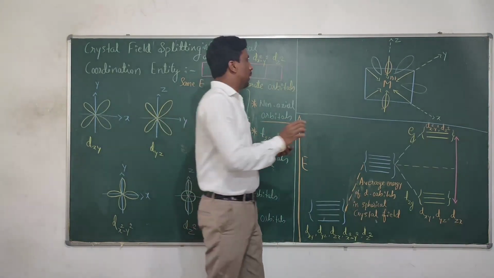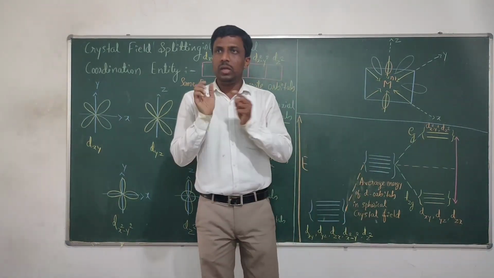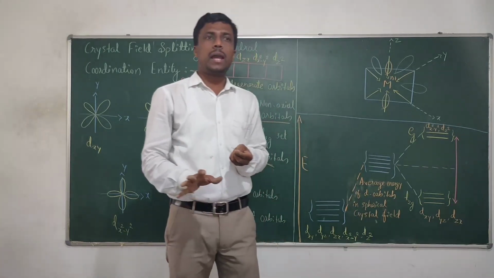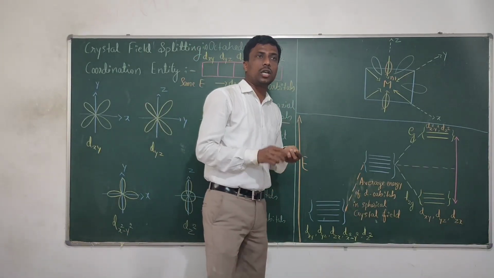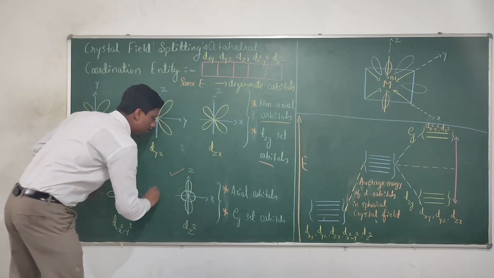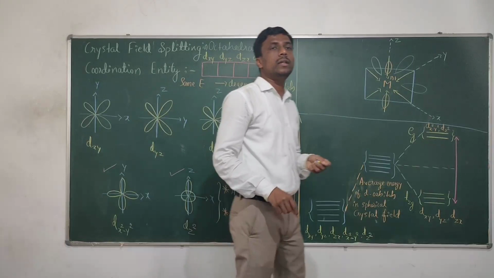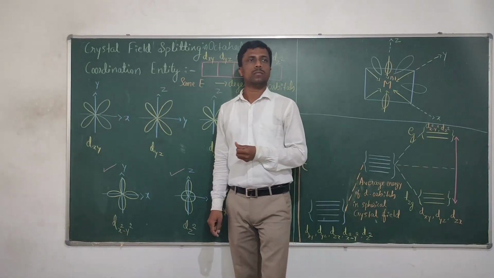In this direction ligands are approaching, they are negatively charged. In that direction only, these two orbitals, dx square minus y square and dz square orbital, are having their lobes.